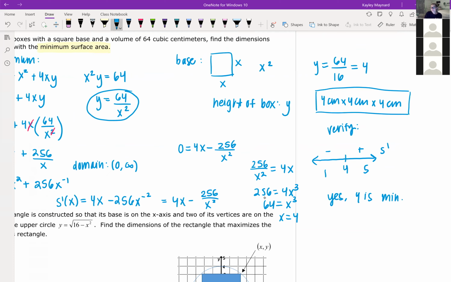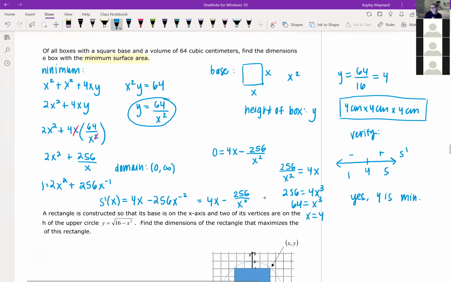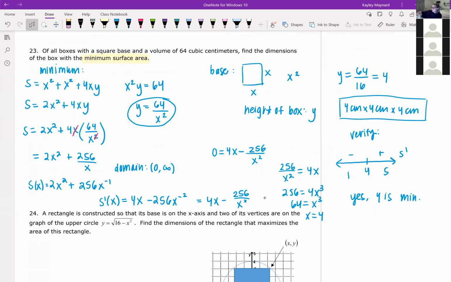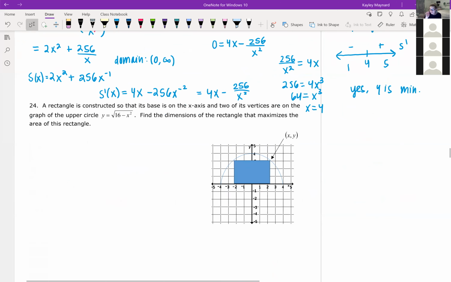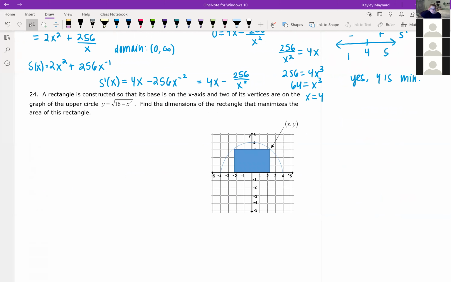Okay, any questions on this problem specifically? Ooh, okay. Someone wants me to do 24 as well, which I don't have a problem doing, but I think I'm going to do a few other problems before that because this is a lot of optimization.